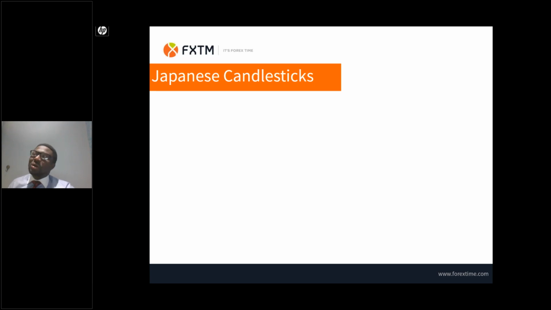The green candle represents my bullish candle and the red represents my bearish candle. A bullish candle is price opening below and closing at the top.